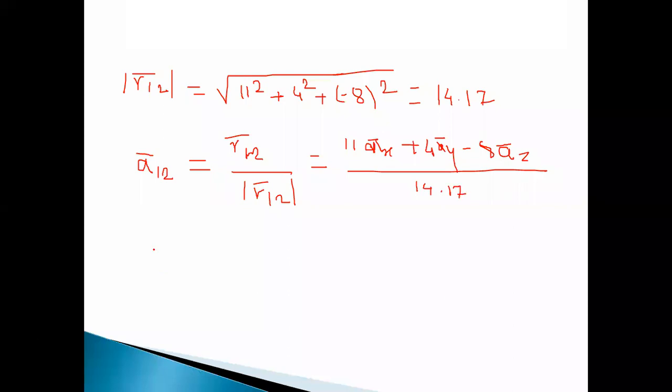So find the unit vector. And after that, we have to put all these values in the equation of F bar 2, 1.